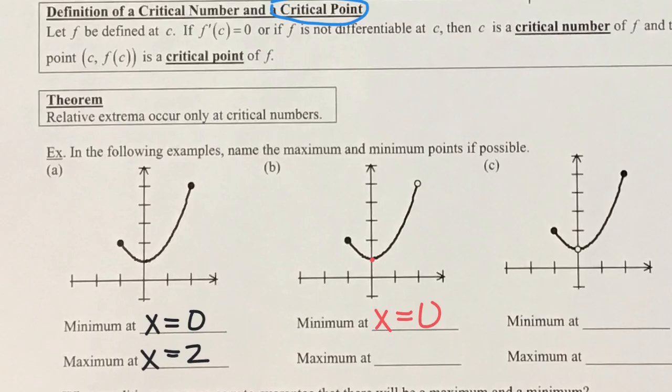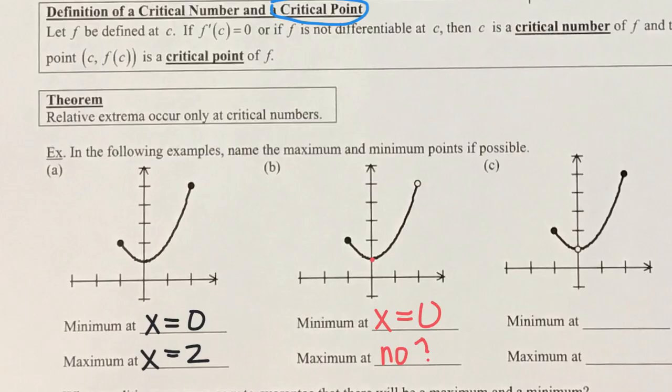Then what about our maximum? Does this graph here, B, have a maximum? That's a question mark, right? No? Yes? At x equals 1.9? Or maybe at x equals 1.99? Maybe at x equals 1.9999999?